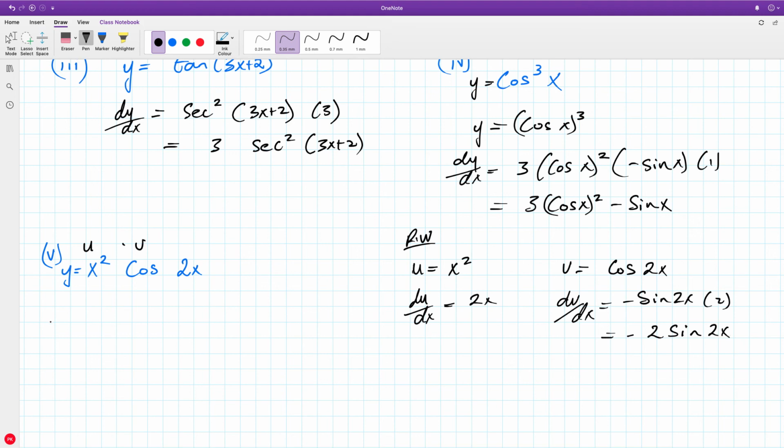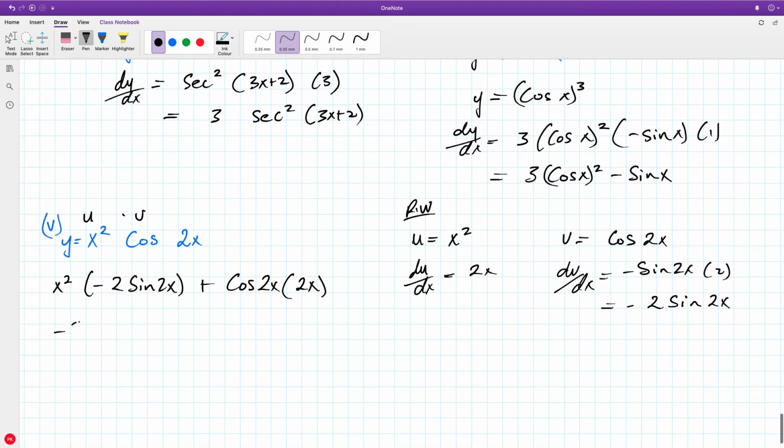So u dv dx: u is x squared, dv dx is minus 2 times the sine of 2x, plus v, which is the cos of 2x, times 2x, du dx. So that's minus 2x squared times the sine of 2x plus 2x times the cos of 2x.